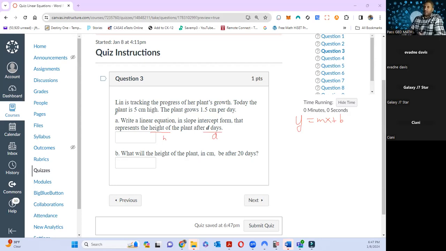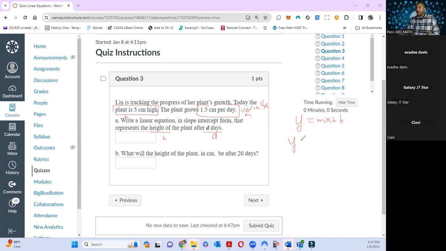We identify what's given. We started, the plant is 5 centimeters high. That's my b. It grows 1.5 centimeters per day. The word per gives you the clue, it means it's changing every single day. That's variable. That's what variable means, to change. That's my m.